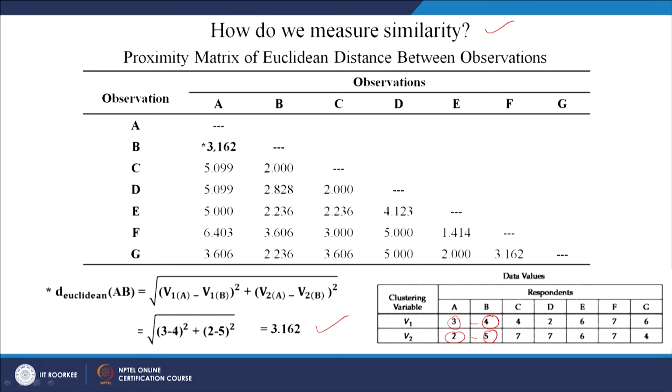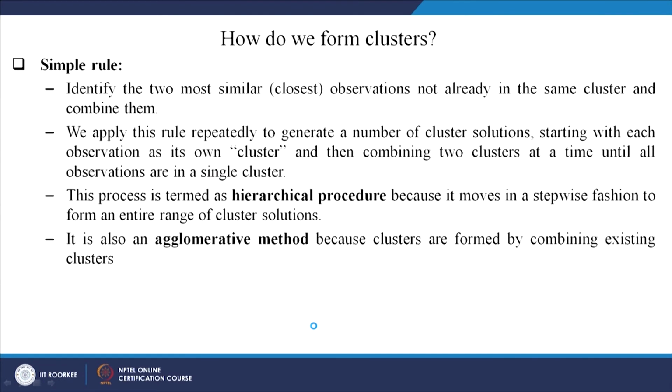So 3.162 we have found for A and B, same thing. Now let us say A and C: 3 minus 4, 1 square, plus 2 minus 7, 5 square. So 1 square plus 5 square is 26. The square root of 26 is 5.099. Similarly you can do it for the rest, and every value has to be written.